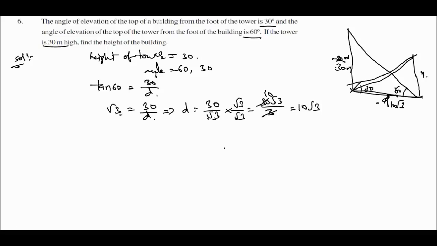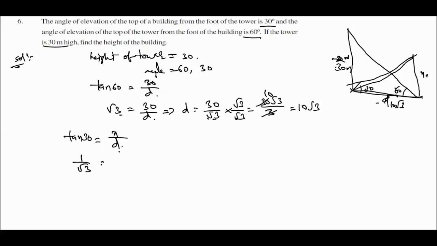After that we have to do tan 30 also. Tan 30 is equal to x by d, which is x divided by 10 root 3. Tan 30 value is 1 by root 3.